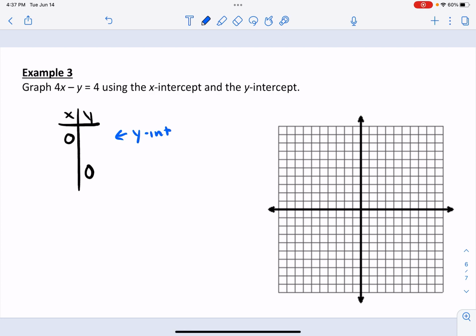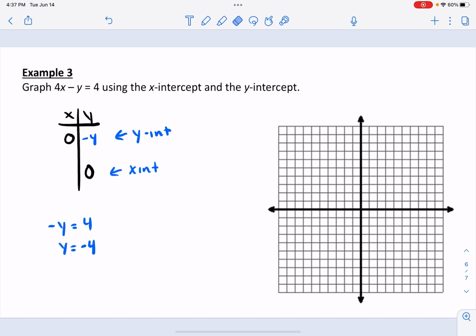I remember it as the other variable is going to be 0. If I make x 0, this term goes away because 4 times 0 is 0. So I have -y equals 4, y equals a negative 4.